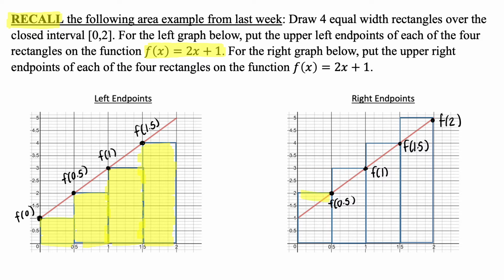And then the area we calculated with these rectangles was included in all of this shaded region. So hopefully you guys remember doing a couple of different examples using this function 2x plus 1.